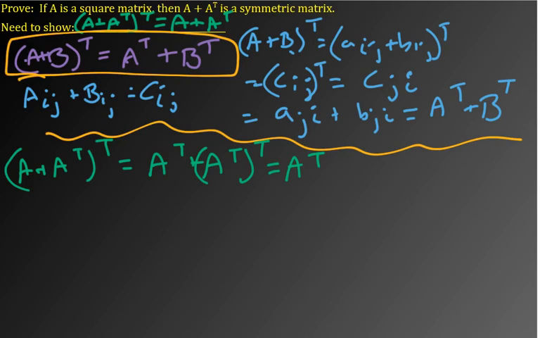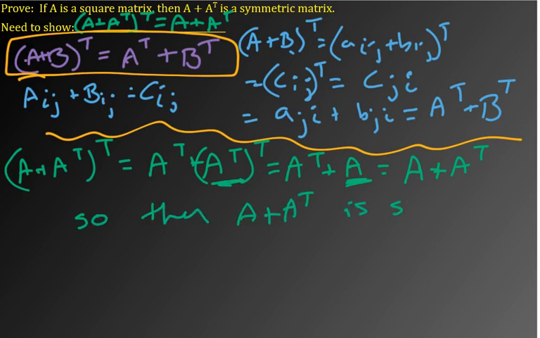Because you switched the rows and columns, but then you switch back. So now this is just A. And we know that matrix multiplication is commutative. So this is the same as A plus AT. Wait, did I just say matrix multiplication? I definitely meant matrix addition. Matrix multiplication is definitely not commutative. And so then A plus AT is symmetric.